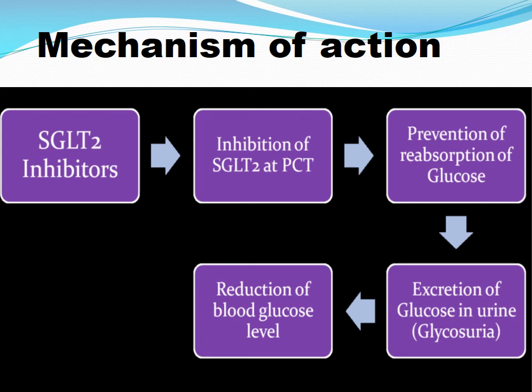SGLT2 inhibitors lead to inhibition of the SGLT2 transporter at the proximal convoluted tubule. Therefore, it will lead to prevention of reabsorption of glucose back into the blood and excretion of the glucose in the urine with glucosuria, and therefore result in reduction in blood glucose.